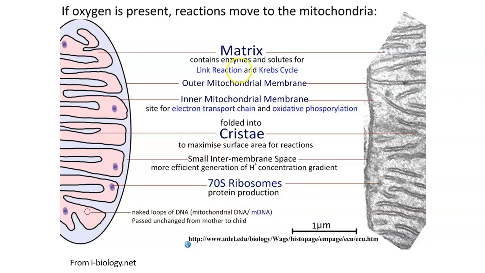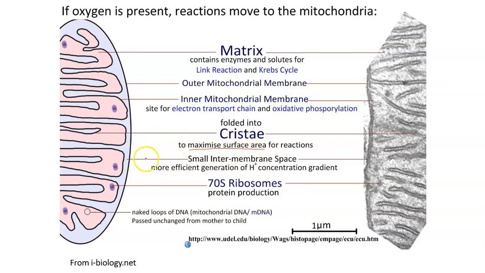In this slide, you can compare the electron micrograph with the simple drawing. You will see a matrix which is inside the mitochondria, and you will see the outer membrane, the inner membrane of mitochondria, and cristae, which are responsible for maximizing the surface area for the reactions.